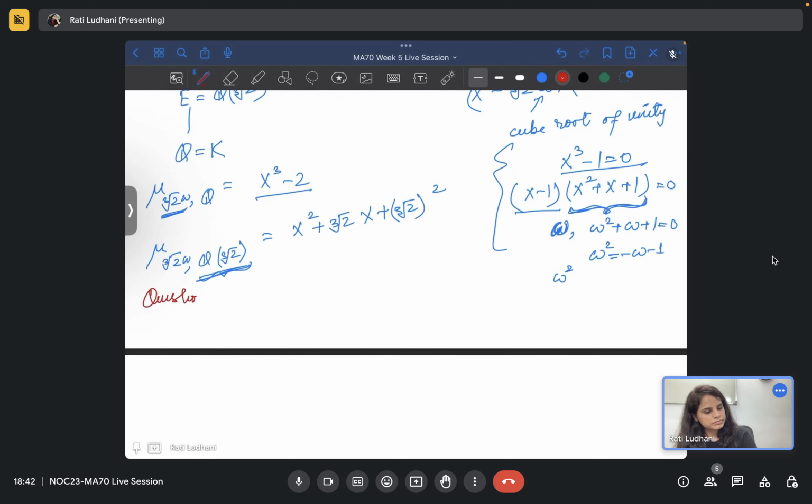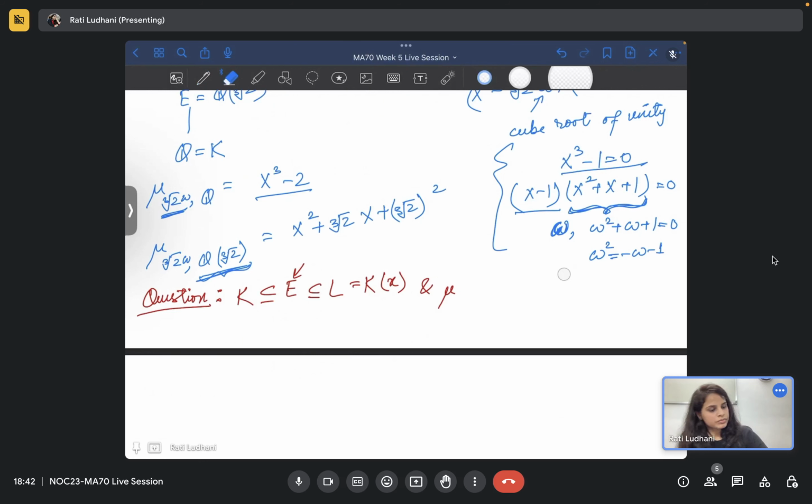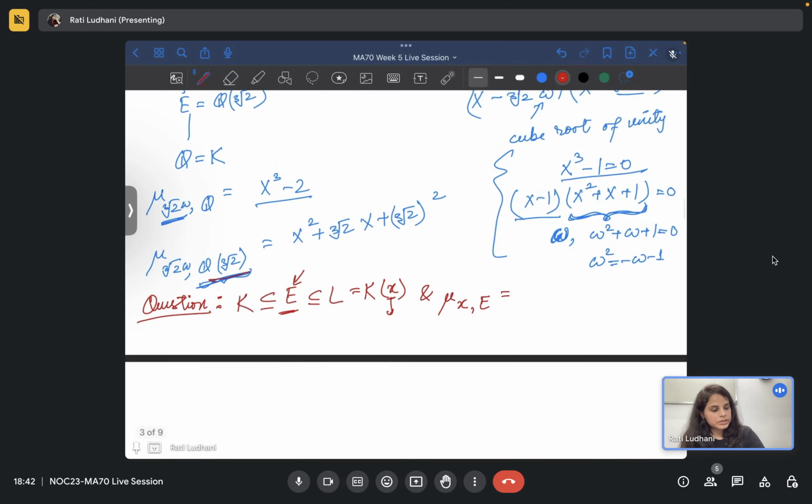So in our situation, our question is this: you consider some intermediate field E in between K and L, where L is K(x), and the minimal polynomial of x, this primitive element, over E is given to be some polynomial b_0 plus ... plus b_{m-1} x^{m-1} plus x^m.